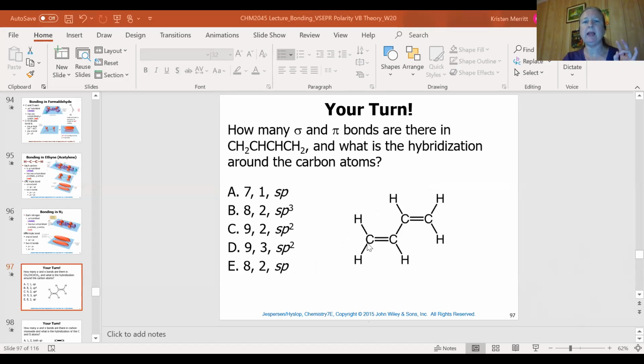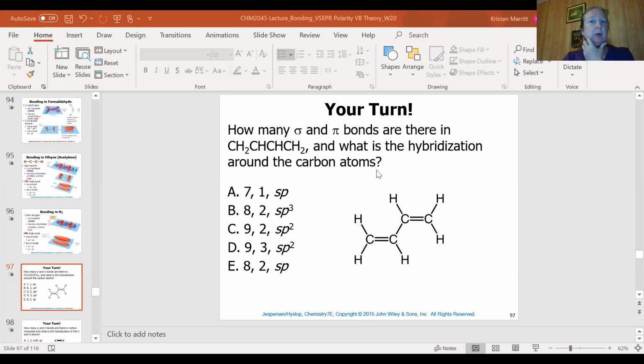Each carbon is an AX3. They're all the same. Central, 3 connections. So that is an electron group arrangement of 3, which is trigonal planar. Each one of these is trigonal planar. And so you need an sp orientation that equals 3. So it's an s, 2 p's, sp2. So we know it's got to be either C or D.